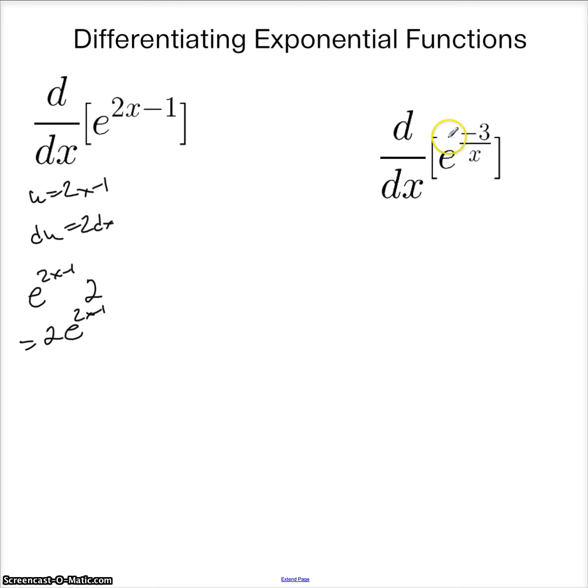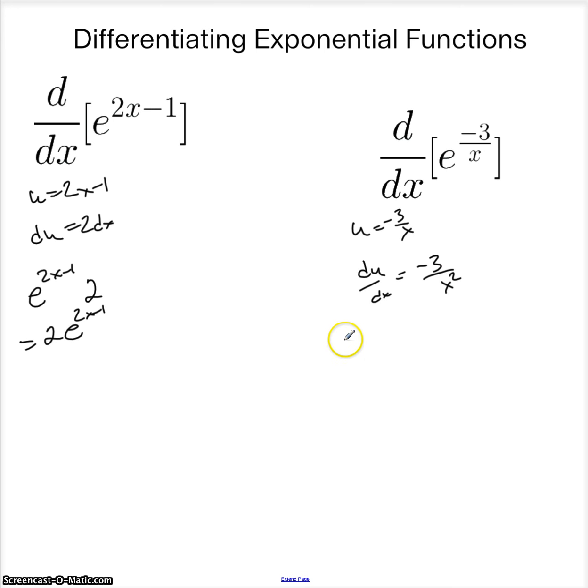What about this one? In this case, I'm going to let u equal minus 3 over x. So du dx is equal to minus 3 divided by x squared.